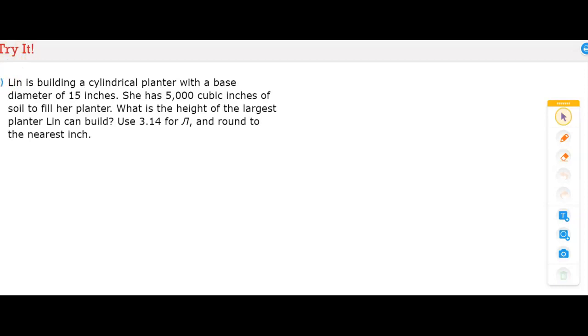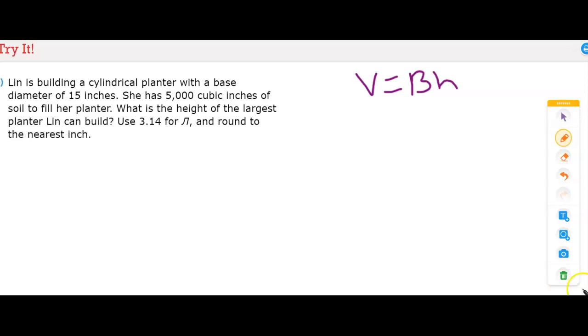So our formula for volume is volume is equal to base times height, right? So now we look at the information given.